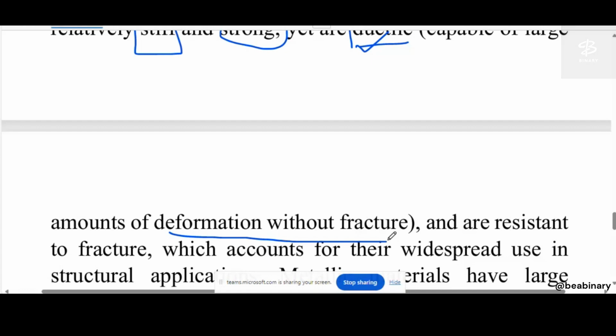Basically, deformations are of two types. Sometimes deformation can be reversed. If we unload the material, the deformation that was caused by the applied load disappears, and when we remove the load, the material comes back to its original position.